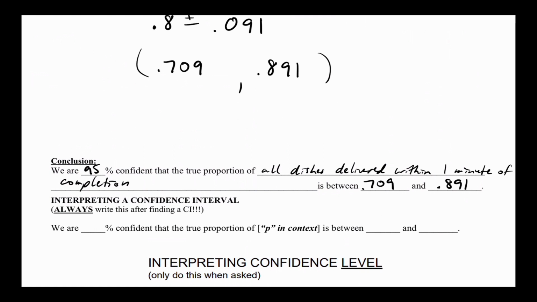It's before the interval. Okay? So I don't know if the true answer is closer to 0.709 or closer to 0.892. I don't know which one it is closer to, but I'm 95% confident that the true answer is somewhere between there, based off my sample.